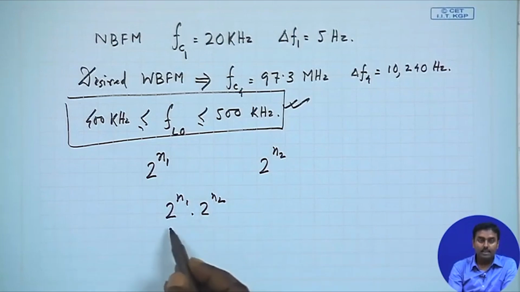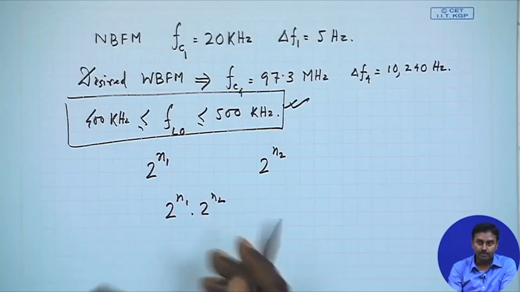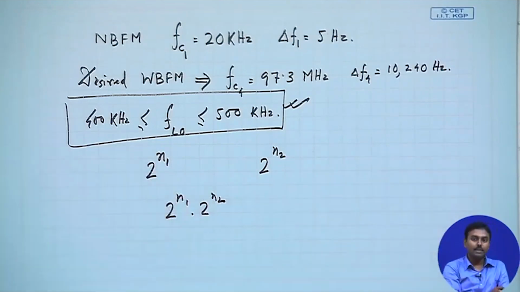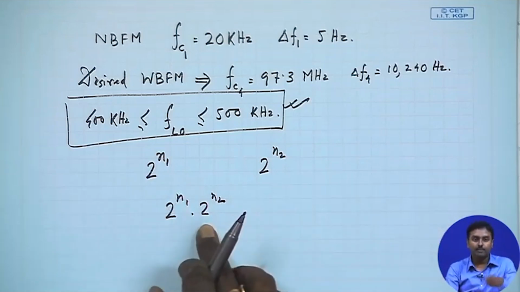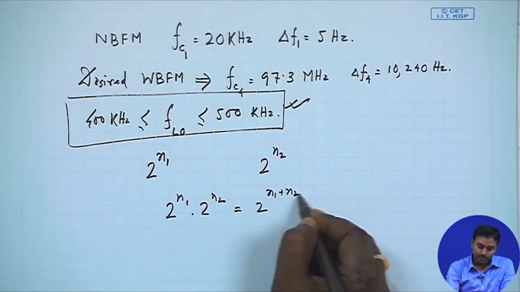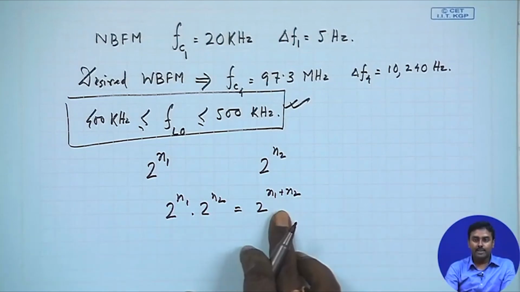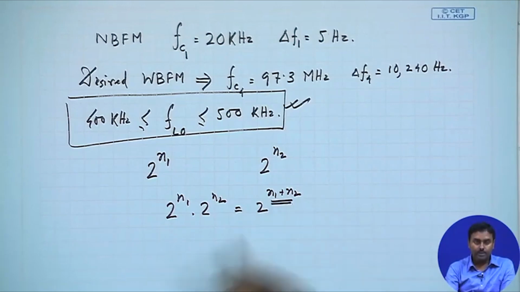This is almost like the previous one, that is actually here 64 and here 48, but 48 cannot be realized over here. Whatever we put must be realized as 2 to the power something. So, overall it should be 2 to the power n1 plus n2. Okay. So, that must be the overall multiplication factor. So, I can get a value of n1 plus n2.